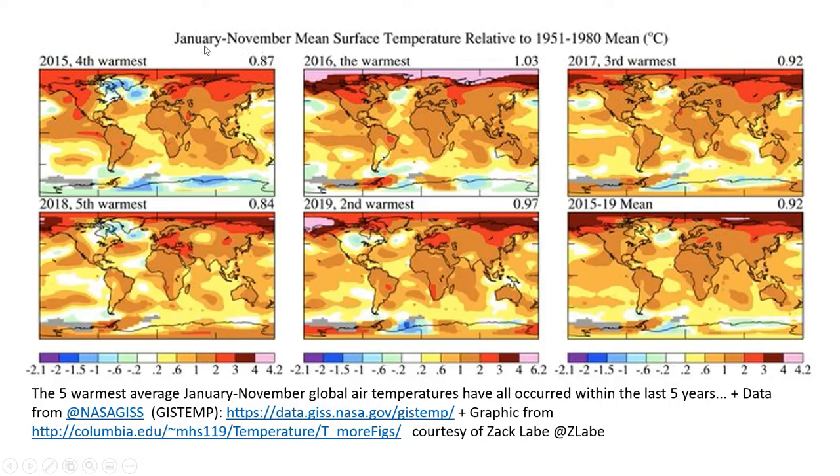January is our winter; January is their summer. November is our winter, and that's their summer. So June is summer for us, and it's winter for them down in the Southern Hemisphere. But it's warmer. And this is courtesy of Zach Labe, and that is the Twitter handle.